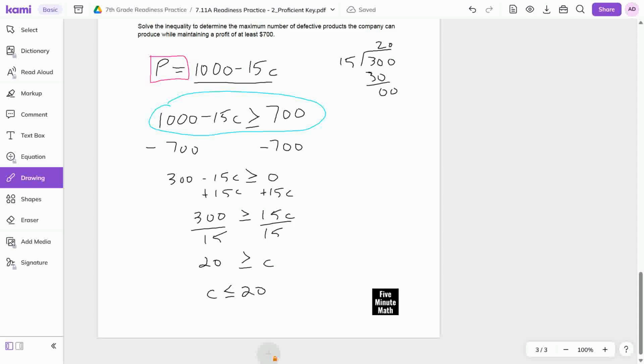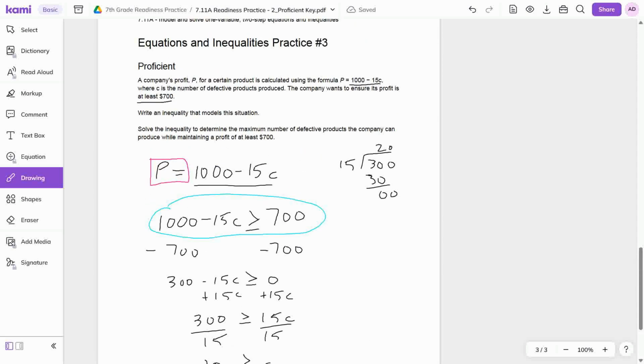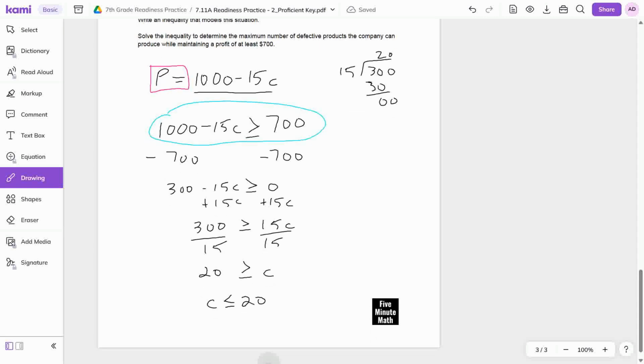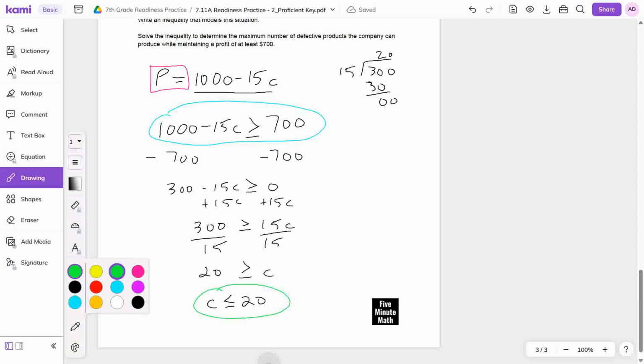So if we had 20 defective products right here, we're good. If we have less than 20, we're good. But if we have more than 20, if it goes to 21, 22, 23, we will not hit our profit margin of 700. So that is our inequality right there. C is less than or equal to 20 defective products.